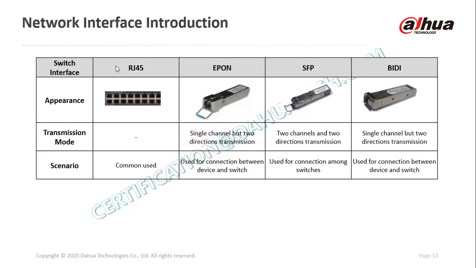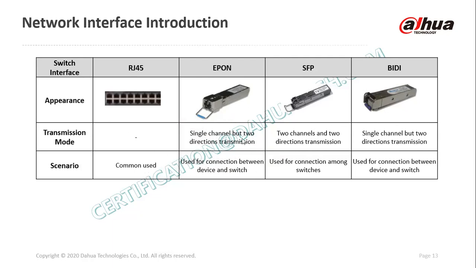For the network interface, we have the RJ45. We talked about this one. EPON: the transmission mode is 2 channels with 2 directions of transmission, while SFP is 2 channels and 2 directions of transmission. Maybe you can check later what this entails. RJ45 is common for switches.